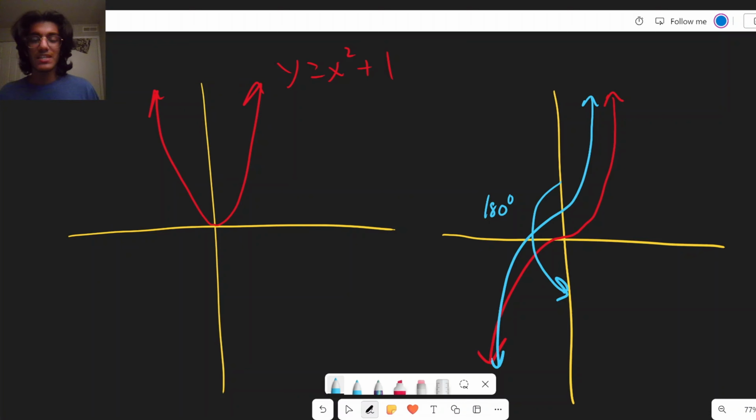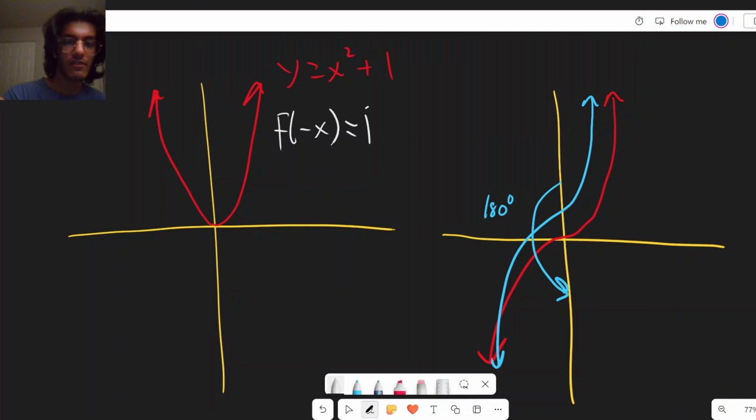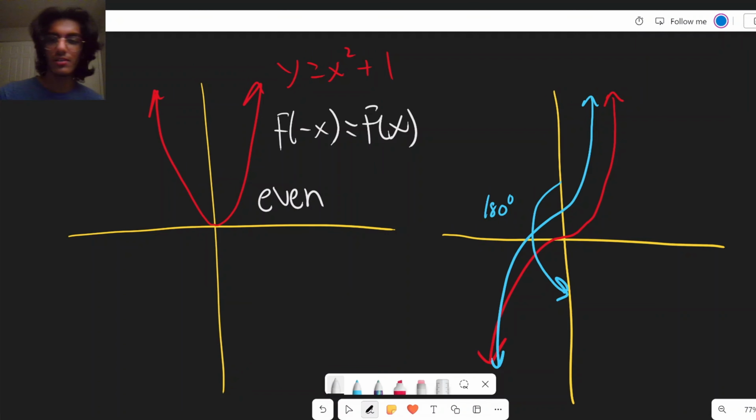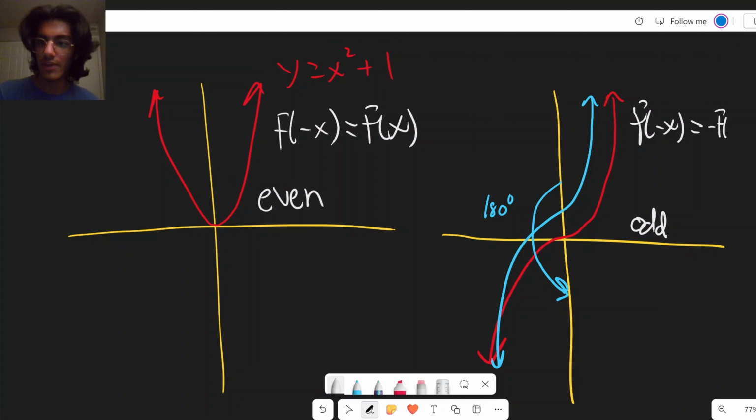So what does this mean in terms of looking at a function not graphed, just in terms of x's and y's? Well, it would mean f of negative x equals f of x for an even function. This is an even function. And for an odd function, f of negative x equals negative f of x.